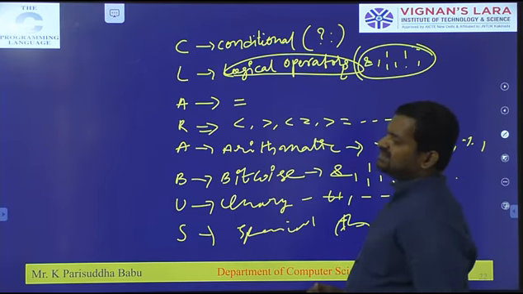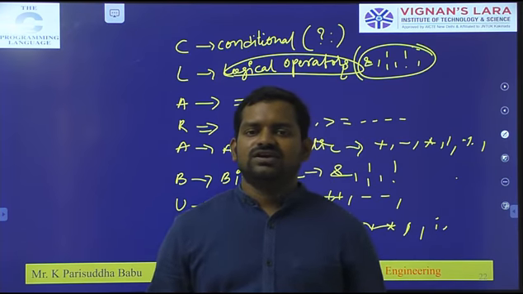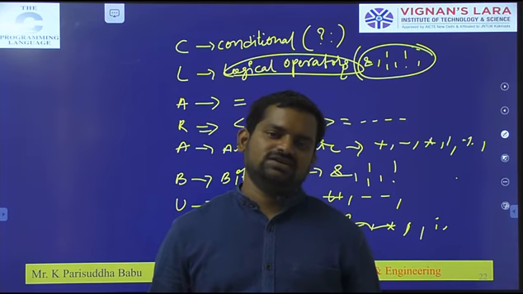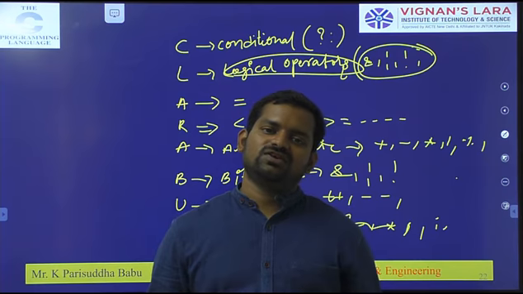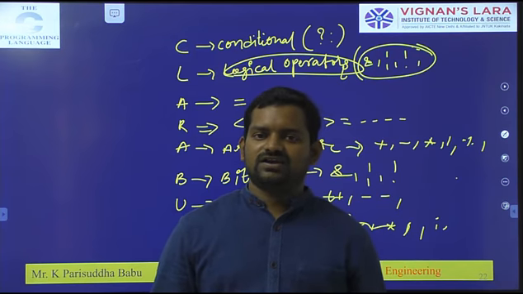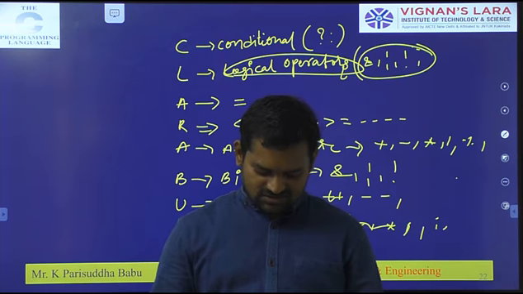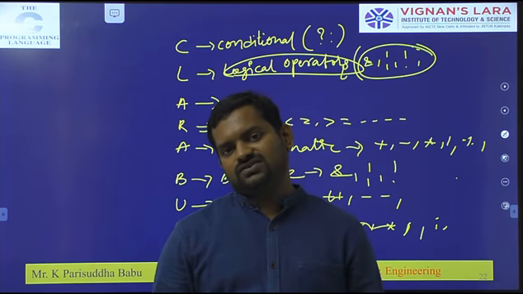So when do we follow associativity? If operators of the same precedence are available in an expression. Precedence is the priority given to the operators, and depending on the priority we follow left to right or right to left associativity.